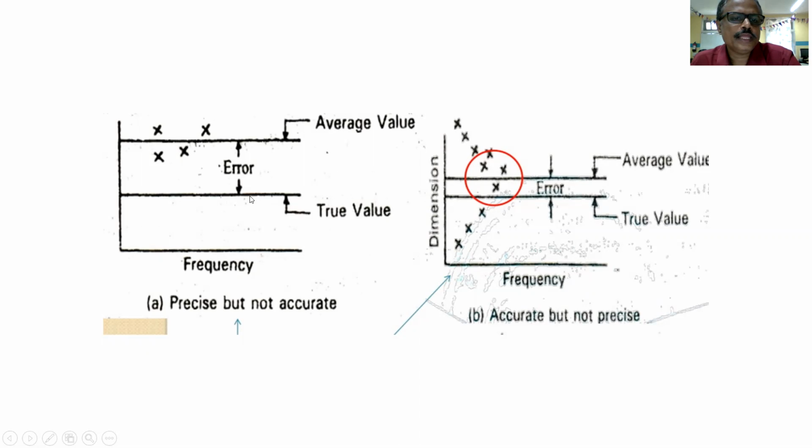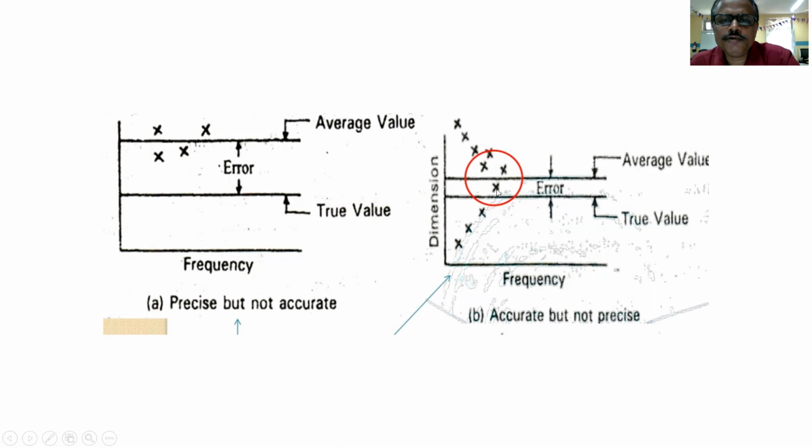If your measuring instrument is capable of giving values somewhere close to this true value, then we call the measuring instrument accurate. Here you can see in the second diagram, the measurement readings are clustered near the true value. The true value line is this line.